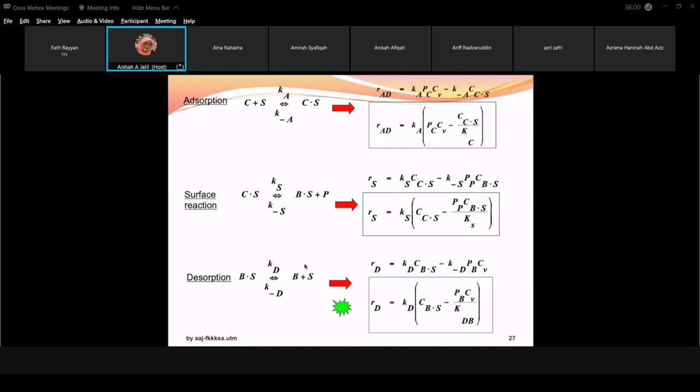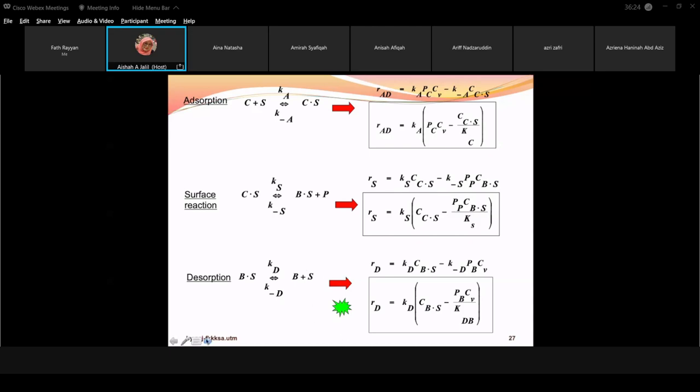Okay, so if the rate law fits the data, then that is the rate limiting step for your reaction. Okay, so come back to the slide.